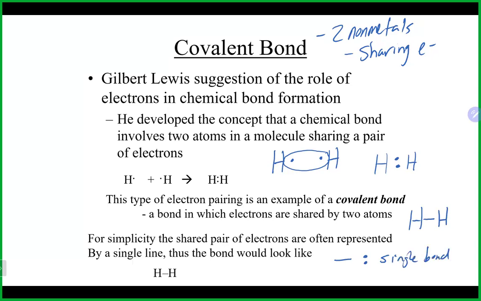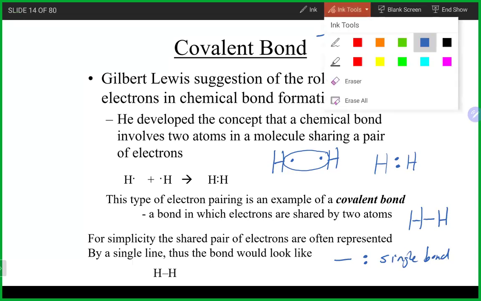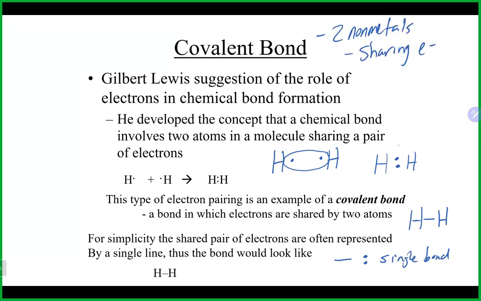And why is this important? Well, if we look at the hydrogens here, those two electrons that are being shared will count for the hydrogen on the left, which means it has two electrons through sharing. And the two electrons in the middle will also count for the hydrogen on the right, which means it also has two electrons through sharing. And that's really important for what we talked about earlier today.